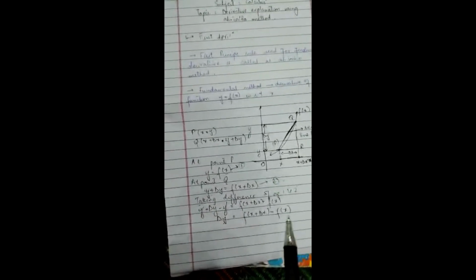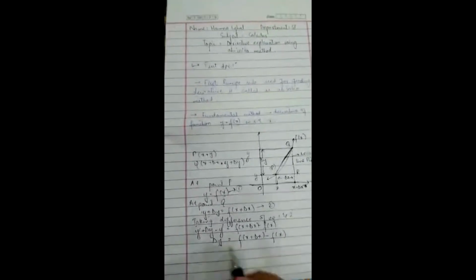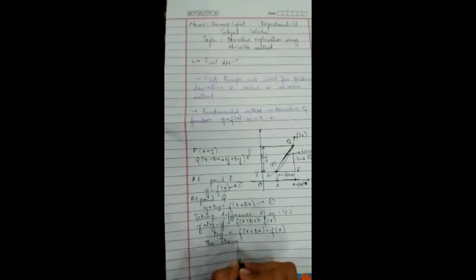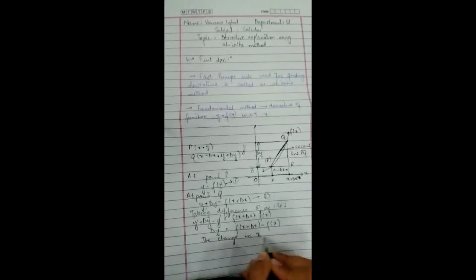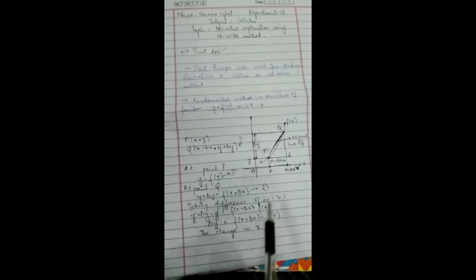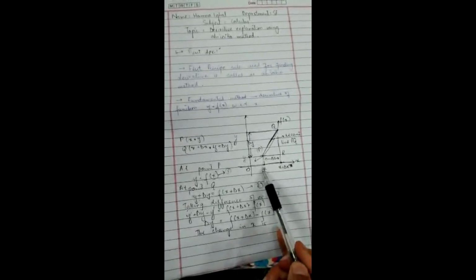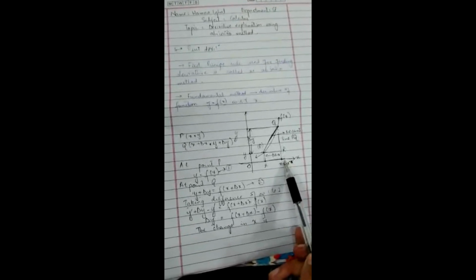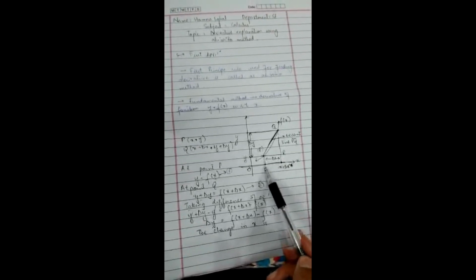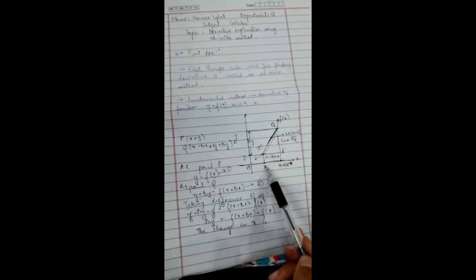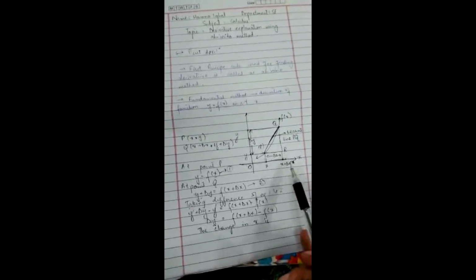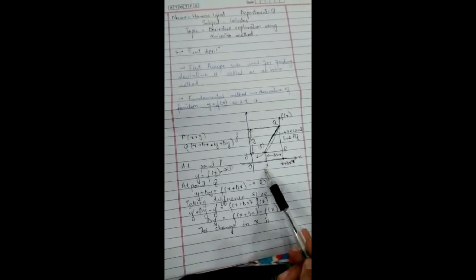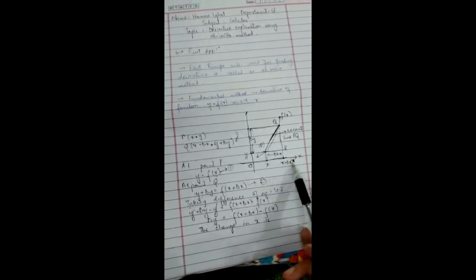Now we have to look for the change in x. This is the point x and this is the point x plus del x. We have increased by an amount. For finding how much change we got by increasing x by a small amount del x, we subtract final minus initial, because this was the initial point and this was the final point.